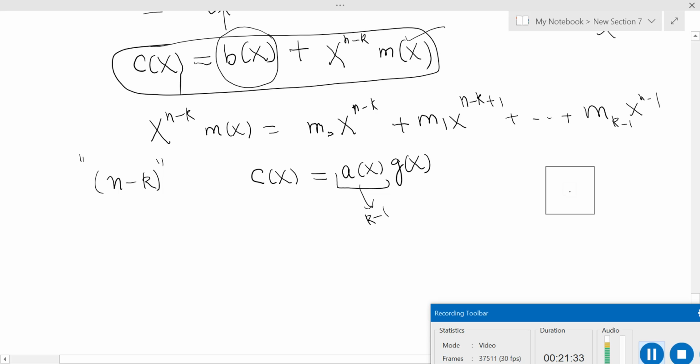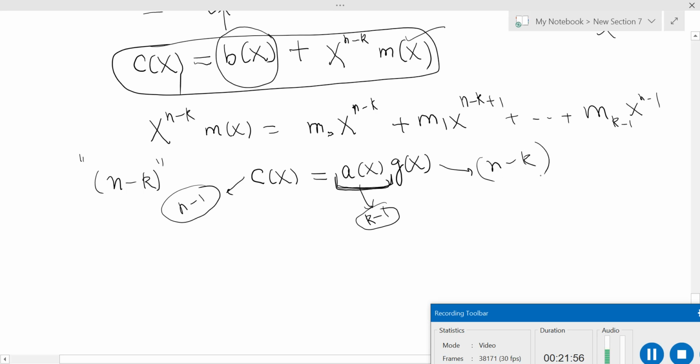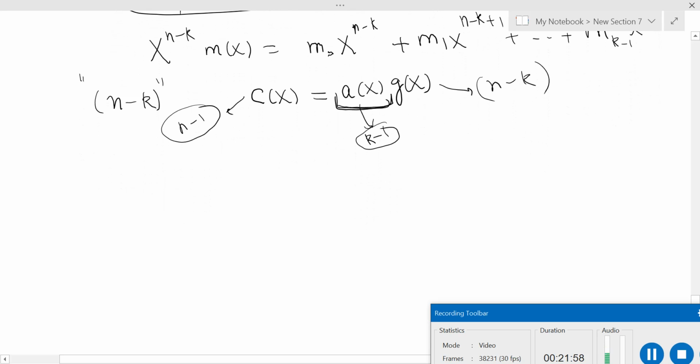The code has a degree n minus 1, and you multiply the generator polynomial with some polynomial of the same length as the message bits, that is degree k minus 1. So the degree of g of x should be n minus k. Just remember this as a fact if you don't understand this point. Degree of g of x should be n minus k.